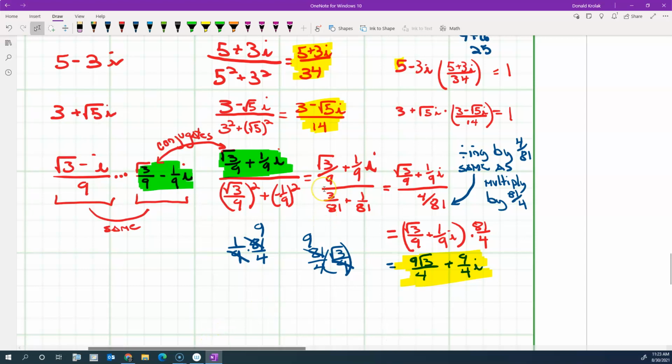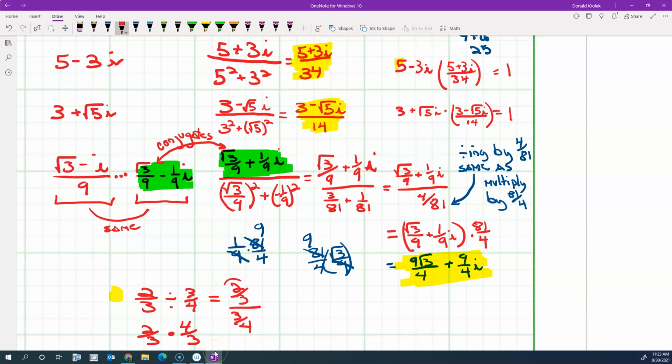Well, when you learned how to divide fractions back in the day, like if you had, I don't know, 2/3 divided by 3/4, your teacher probably taught you that when you divide, you multiply by the reciprocal. So that's the same as 2/3 times 4/3.